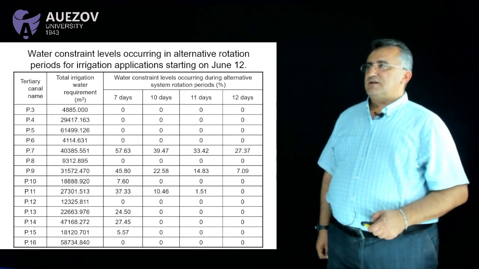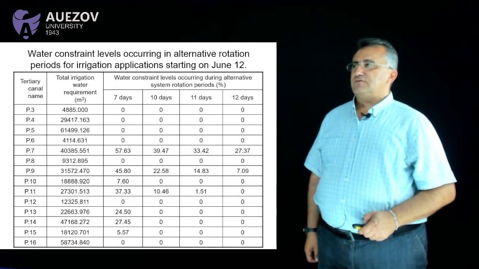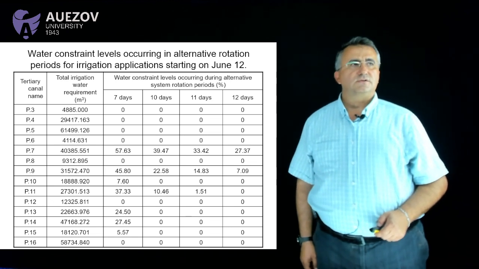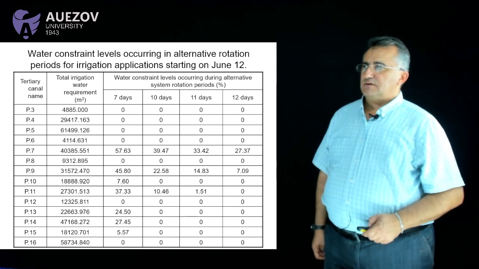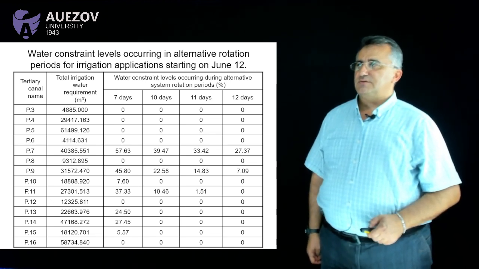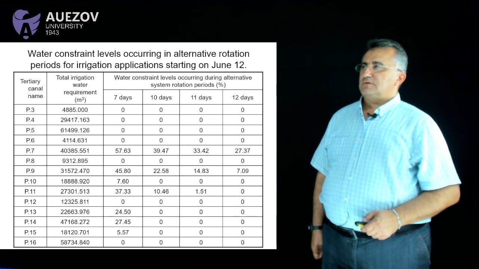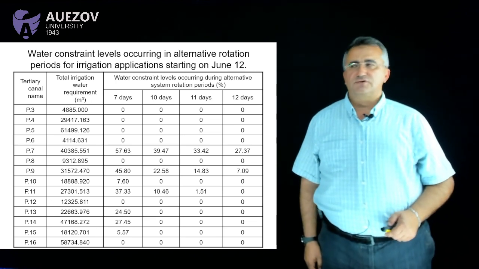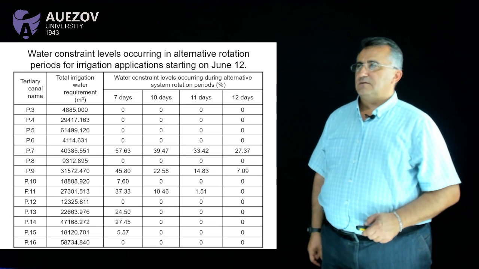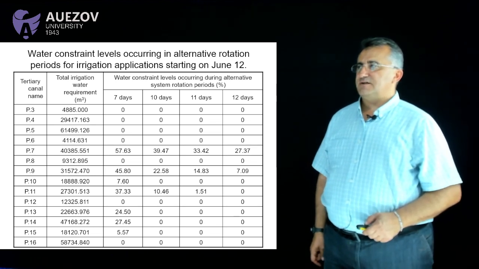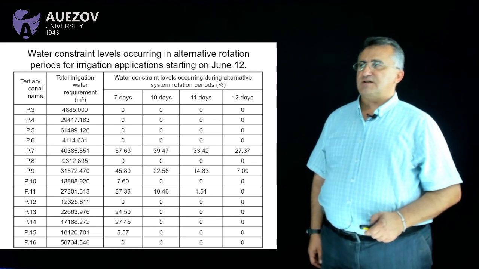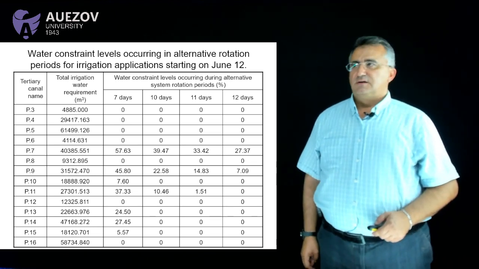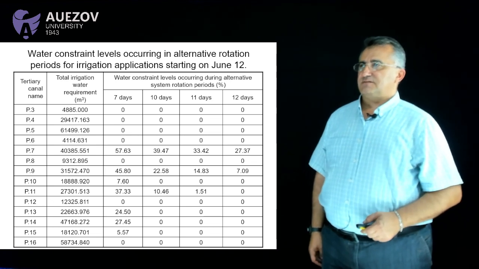Water constraint levels occurring in alternative rotation periods for irrigation applications starting on June 12. The first column contains the tertiary canal names. The second column contains the total irrigation water requirement in the command area of the tertiaries. Water constraint levels occurring during alternative system rotation periods is the other part.